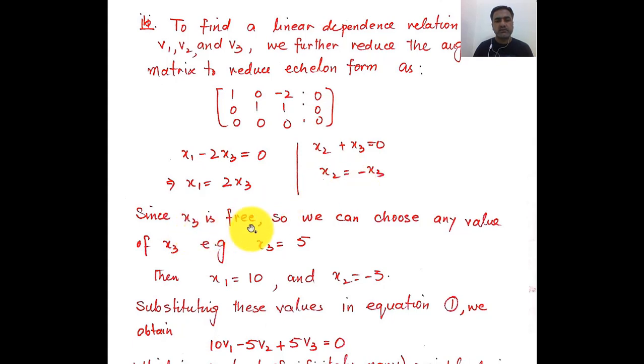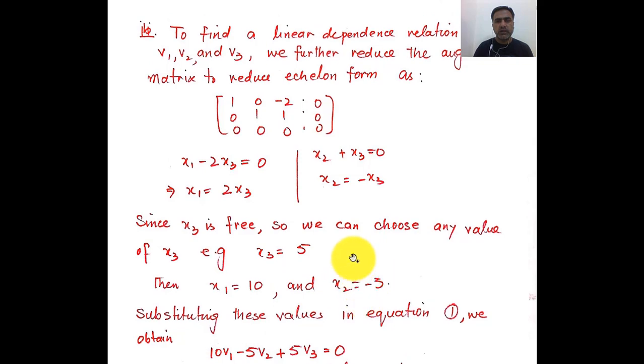Now since x3 is free, we can choose any value for x3. For example, in this case I picked the value 5, and this value of x3 produces x1 to be 10 and x2 to be minus 5.